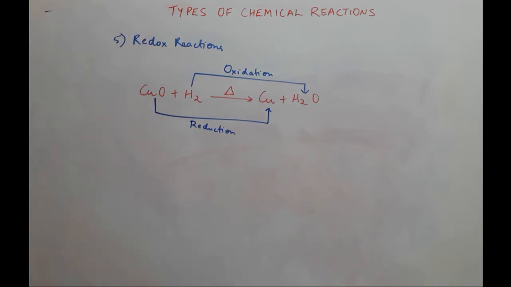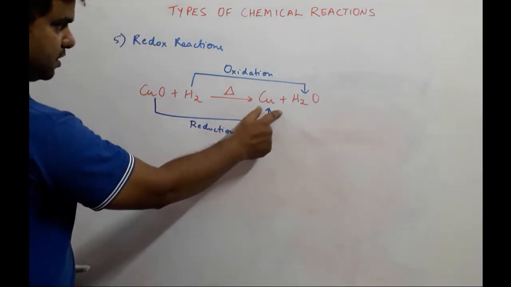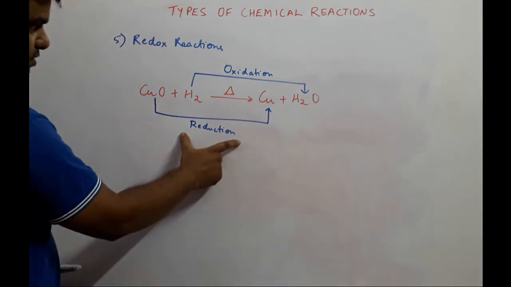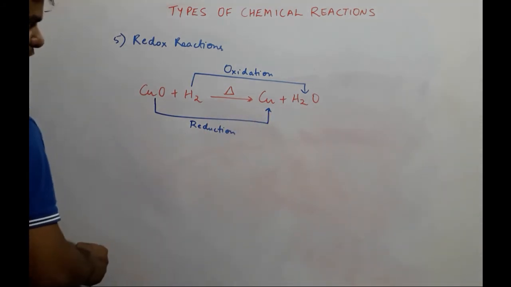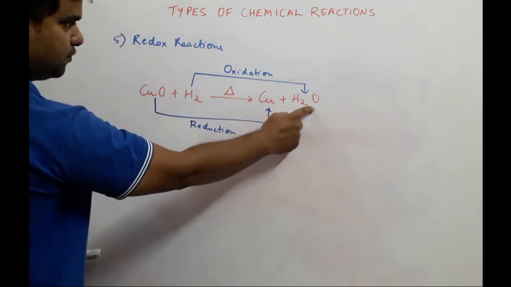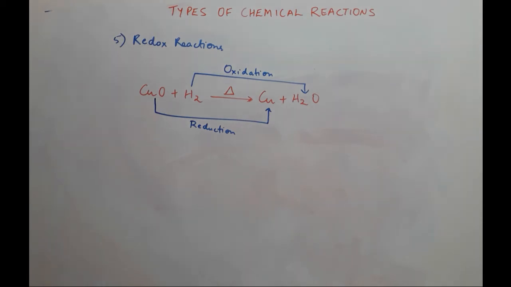Understood? So in one particular reaction, we can say that there is oxidation as well as reduction taking place. CuO loses its oxygen atom and forms just copper. This is a reduction, loss of oxygen atom. In this case, hydrogen gains oxygen to form water. This is an example of oxidation.